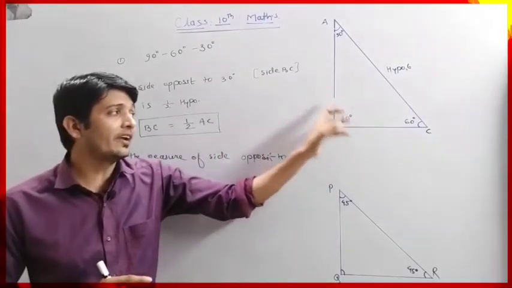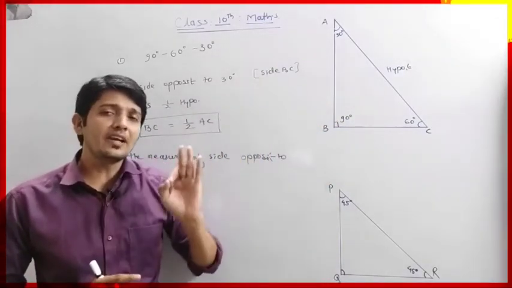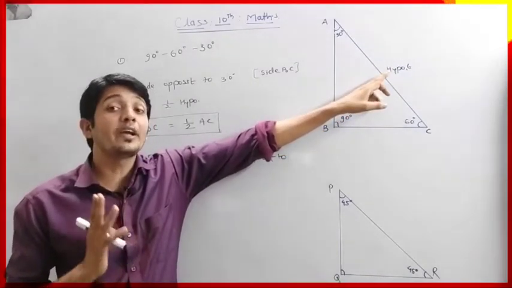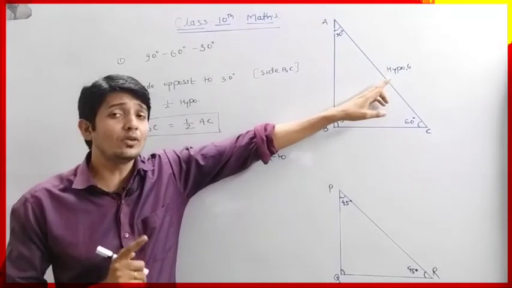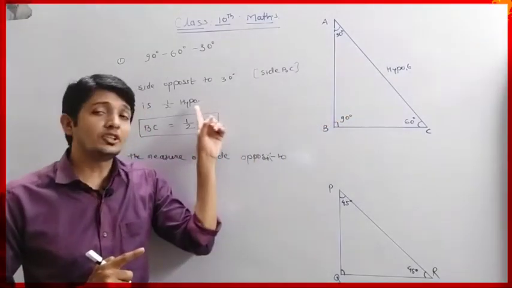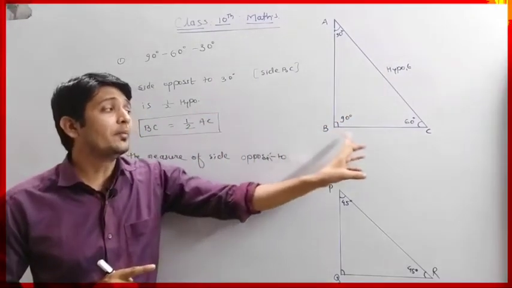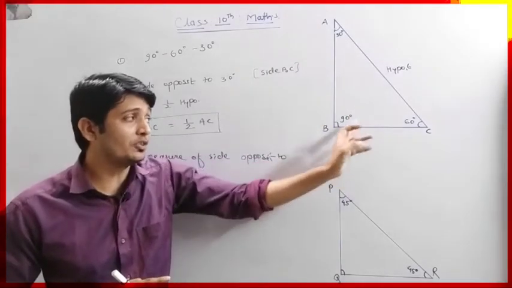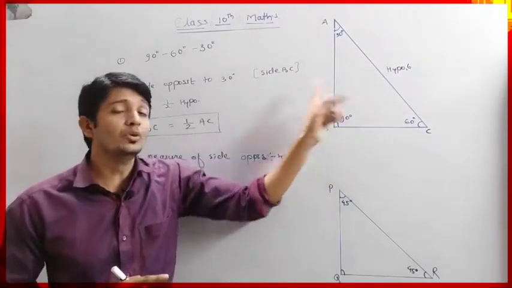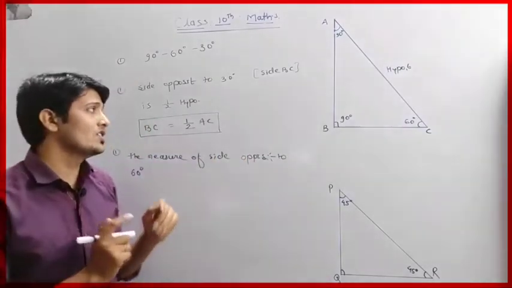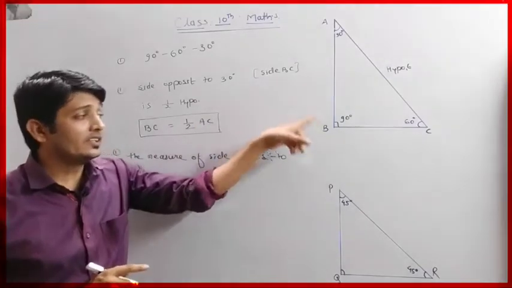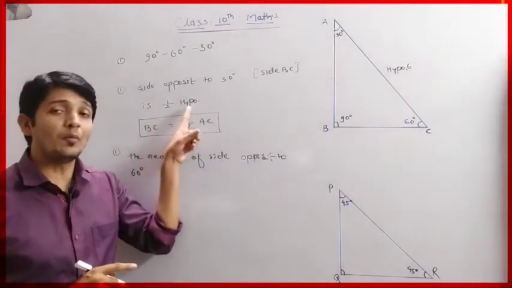Without measuring the side, if you know the length of the hypotenuse, by applying this formula you can directly measure the sides opposite to the 30 degree and opposite to the 60 degree. So first, the side opposite to 30 degree, that is side BC, is half of the hypotenuse.